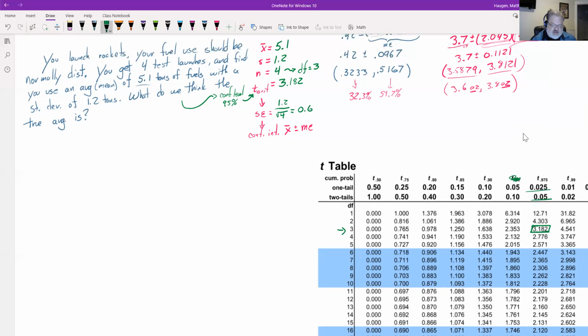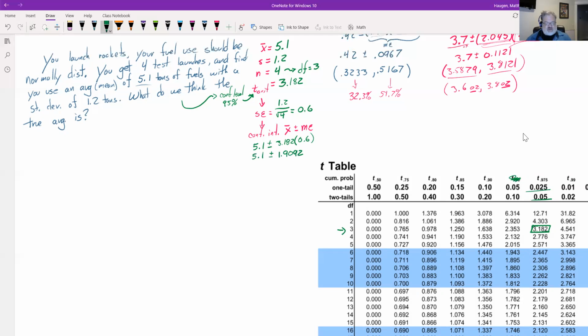So then we put all that together into our confidence interval. 5.1 plus or minus. Margin of error is our critical value times our standard error. Is 1.9092. Yeah. That seems reasonable.